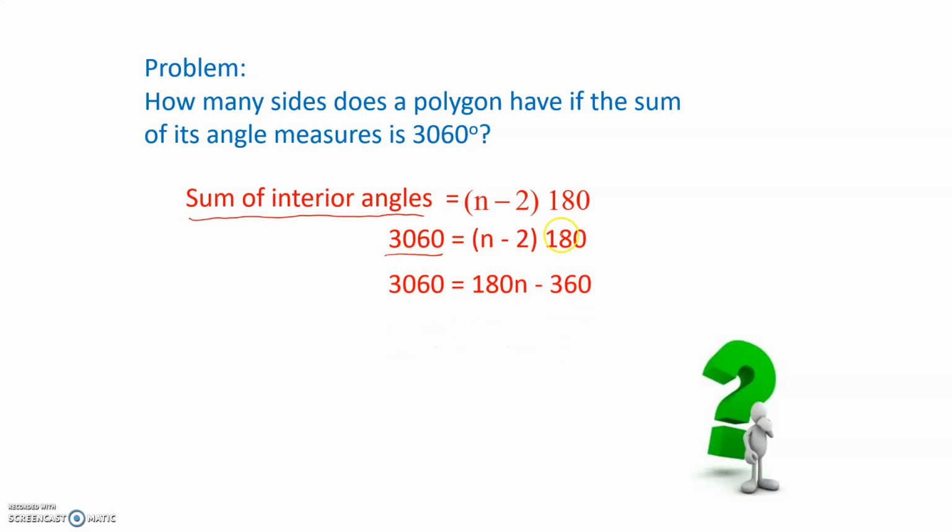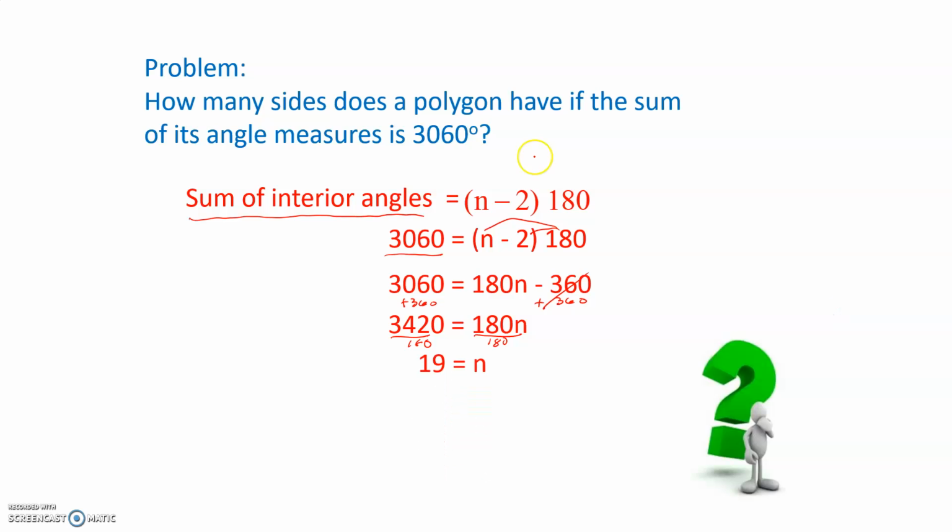Now, I'm going to distribute the 180, so I get 180n minus 360. Next, I'm going to add 360 to this side and 360 to this side, so that this goes away. So I now have 3,420 equals 180n. And then to get the n alone, I'm going to divide both sides by 180. When I do that, n is equal to 19.